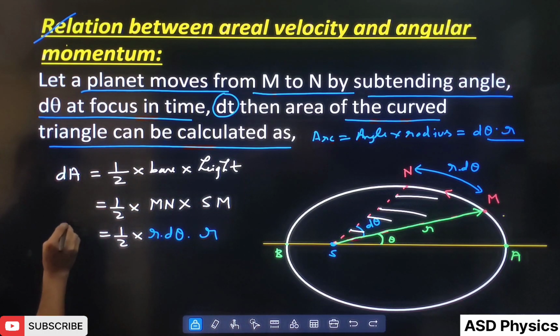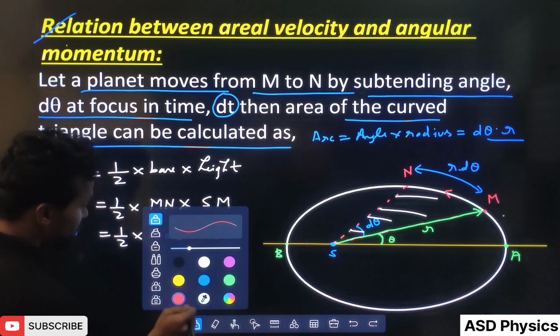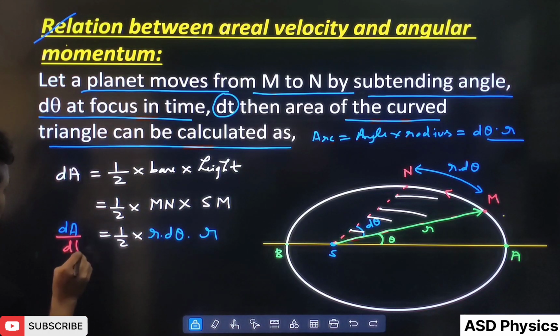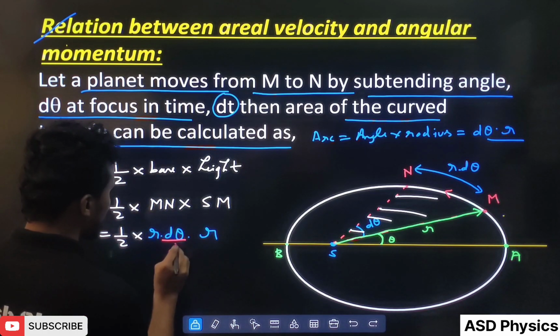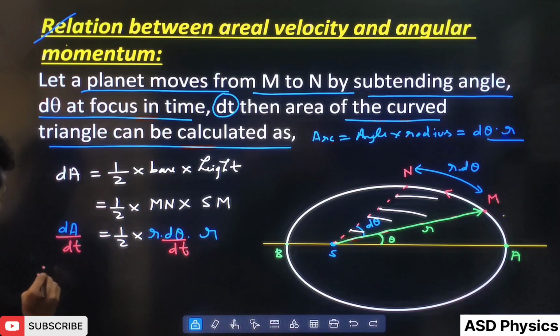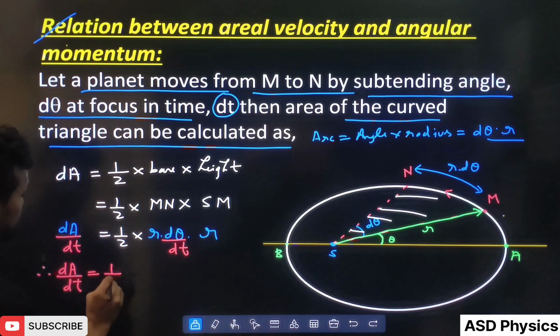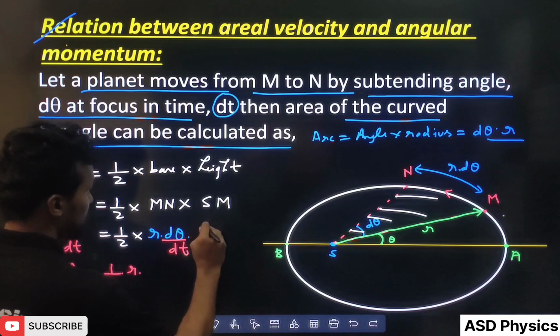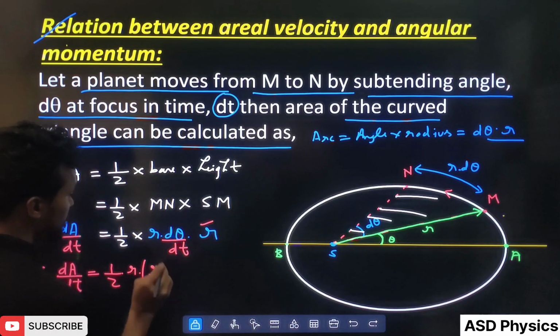Now students, what I will do here is divide both sides by dt, because we need the areal velocity. So dA by dt becomes half into r, and r into d theta by dt.